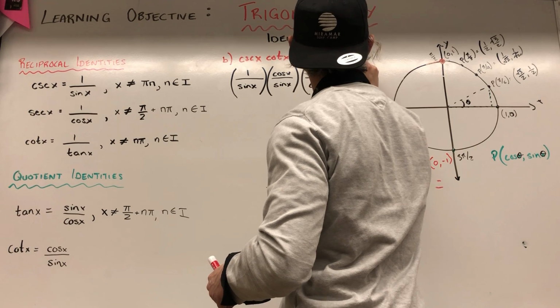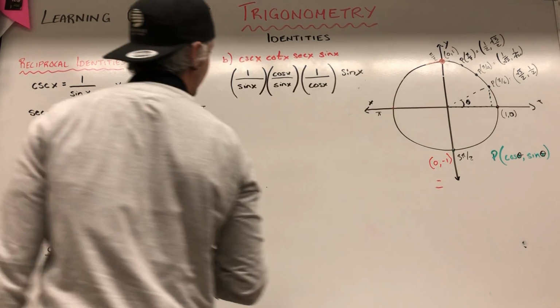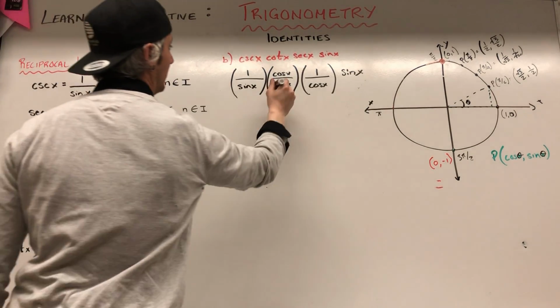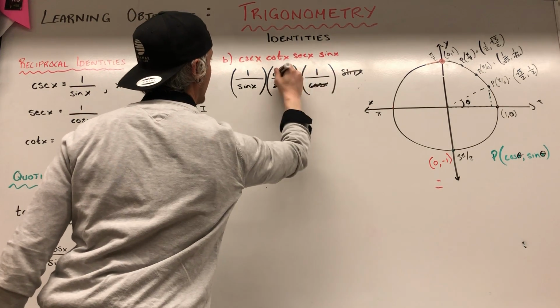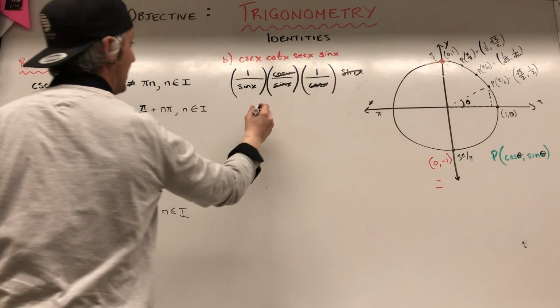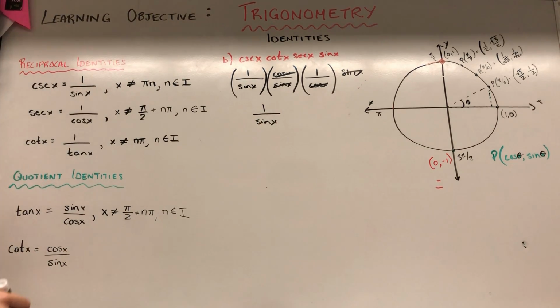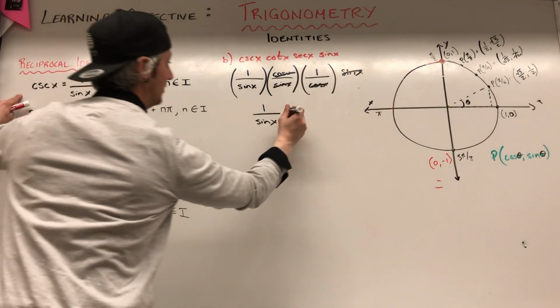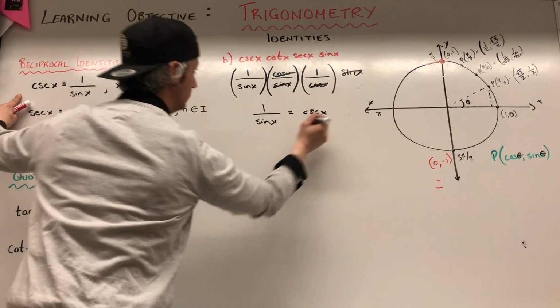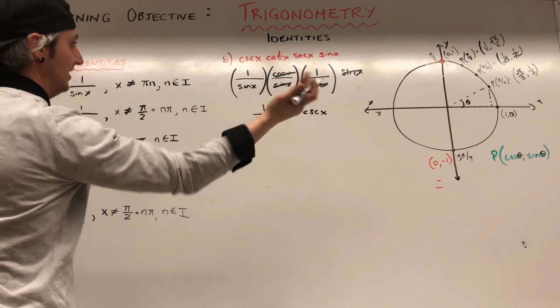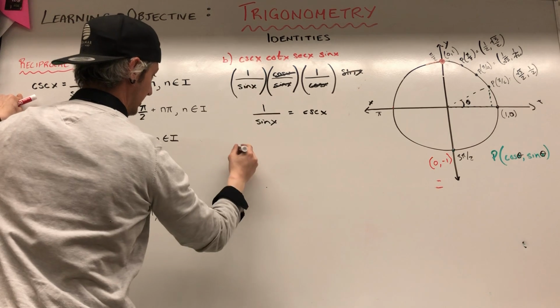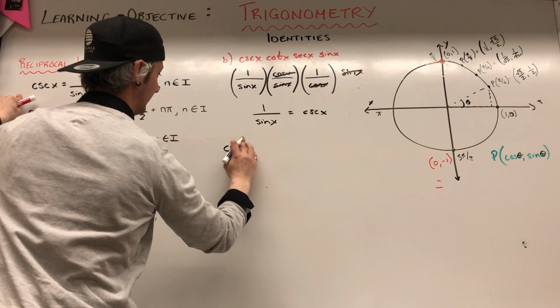Now I'm going to cancel terms. This cancels with that, and that cancels with that, and I'm left with 1 over sine x, which is cosecant. So just by expanding and simplifying this whole expression, we get cosecant x.